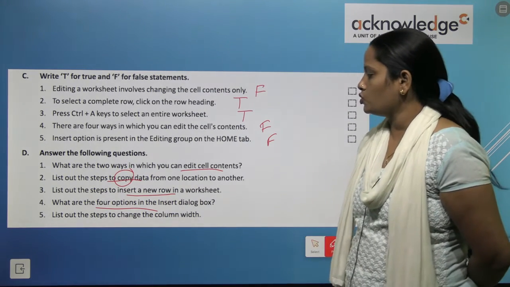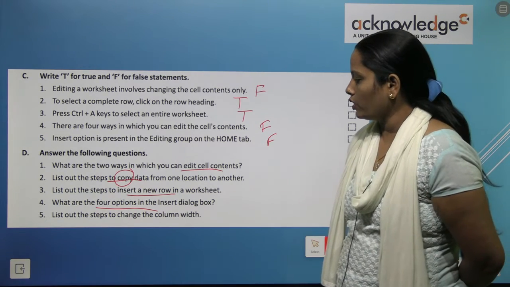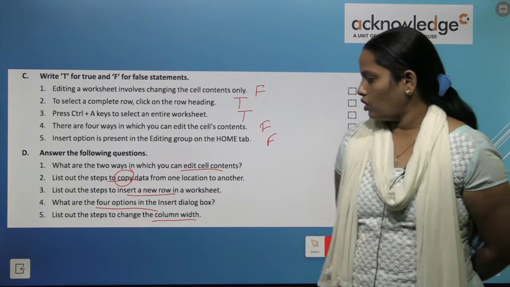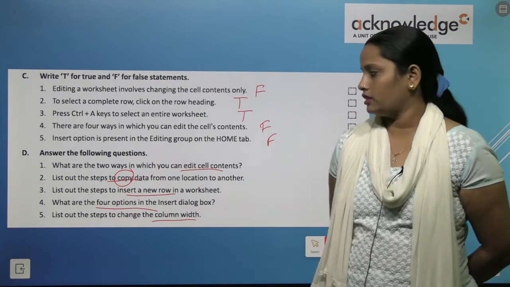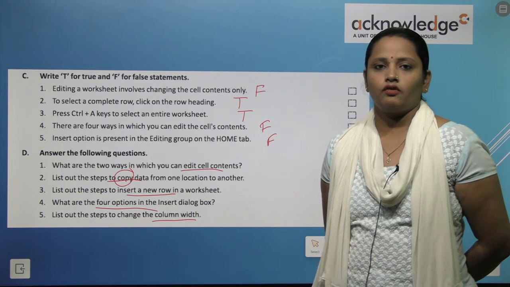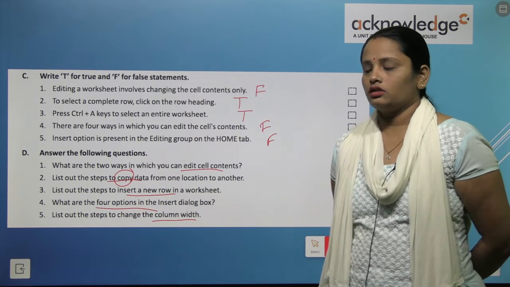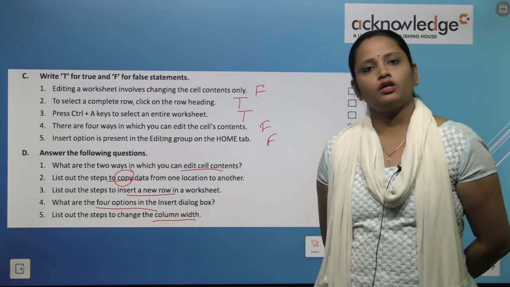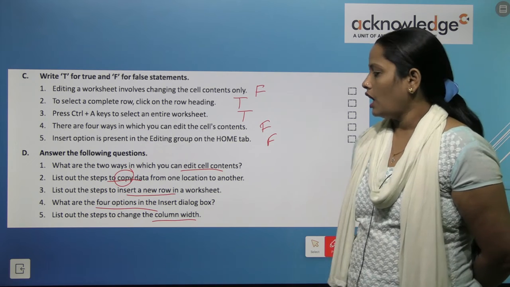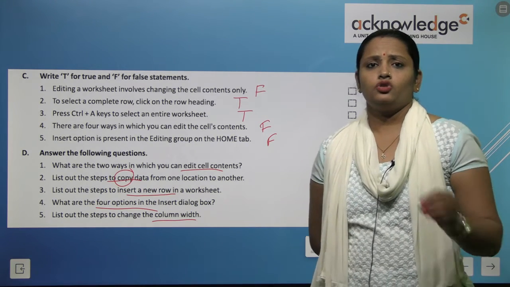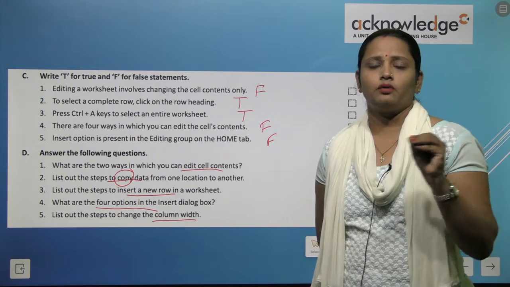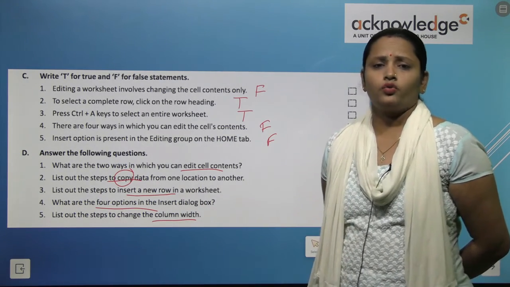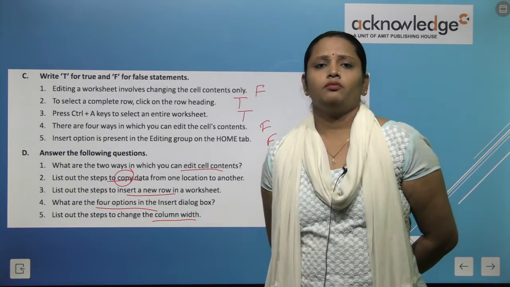List out the steps to change the column width. How can we change the width of the column? To change the column width, we have to first select that column, and then we have to go to the cells group in the home tab, and from there we have to click on the format option, and then a box will come, we can put the desired number according to which we want to change the column width.